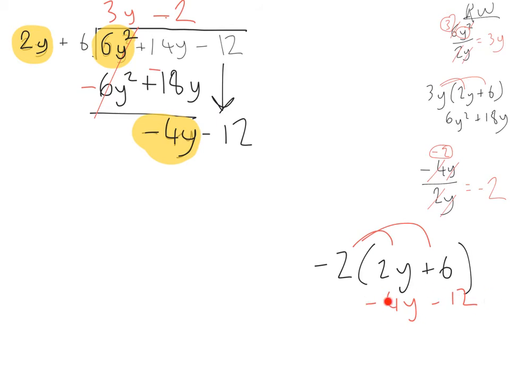Our answer then gets put underneath these two terms. So we have minus 4y, minus 12. Change the signs. This becomes a plus, this becomes a plus. They both cancel. And we're left with 0, which is what we want.